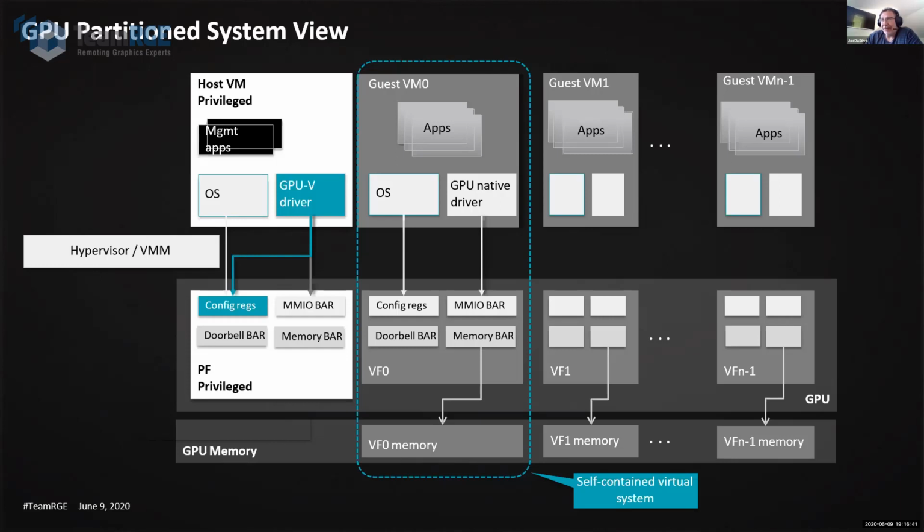Within that VM, it is very much a self-contained virtual system. With SR-IOV, we carve out a certain amount of frame buffer per virtual function. And then the virtual functions themselves have access to all the GPU when that virtual function gets its time, in what we call a time slicing concept, and something I'd like to show in a sec.